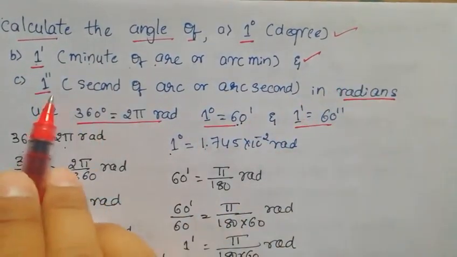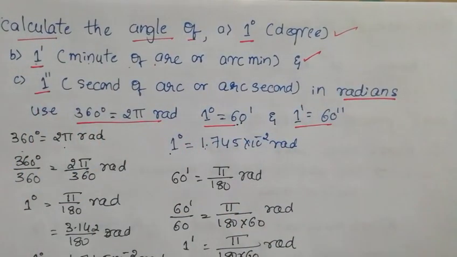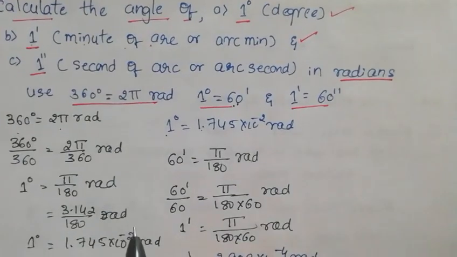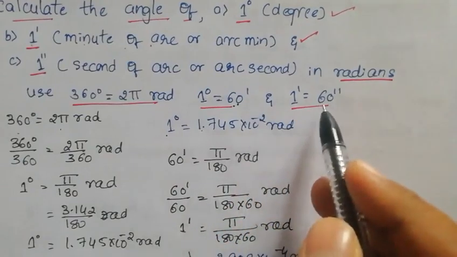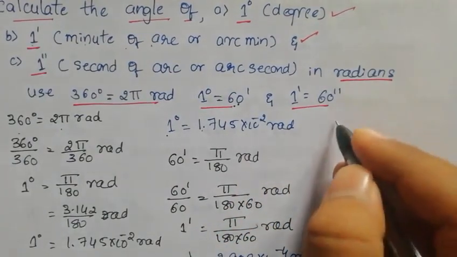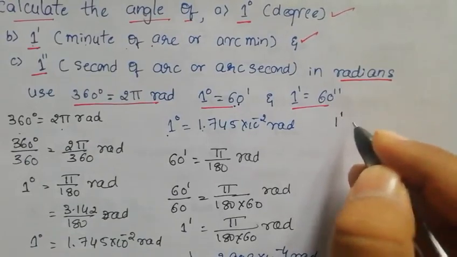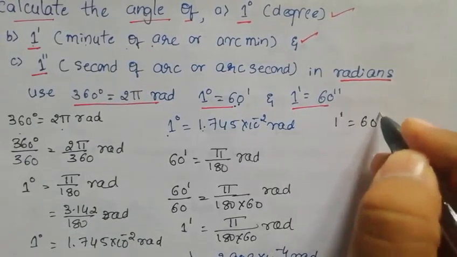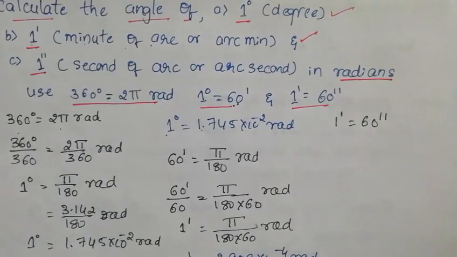1 second. So let us go for that 1 second now. Given the question, 1 minute equal to 60 seconds. So we use this one. 1 minute equal to 60 seconds. Now we use the concept of what we got previously.